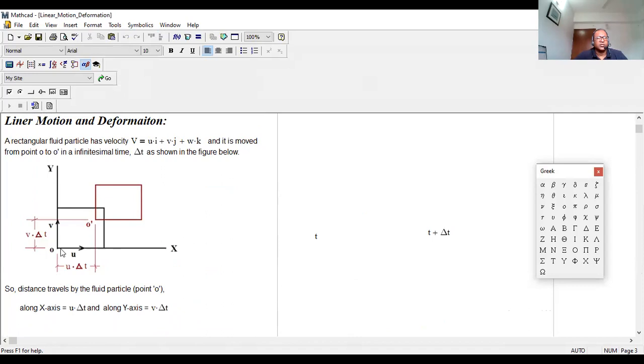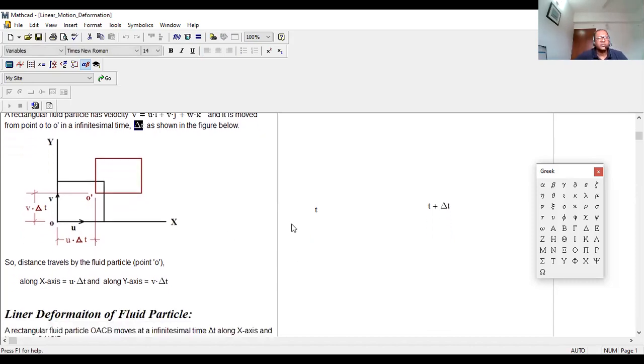Okay, so a fluid element is the black one. O is the left corner, and it has four sides, right? And this fluid element has a velocity at point O, u, v, w, and it has moved from point O to O prime in a small time dt, but the shape is not changing.